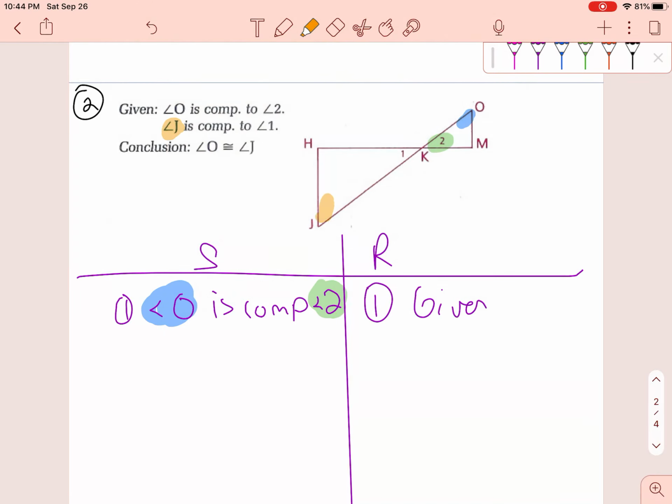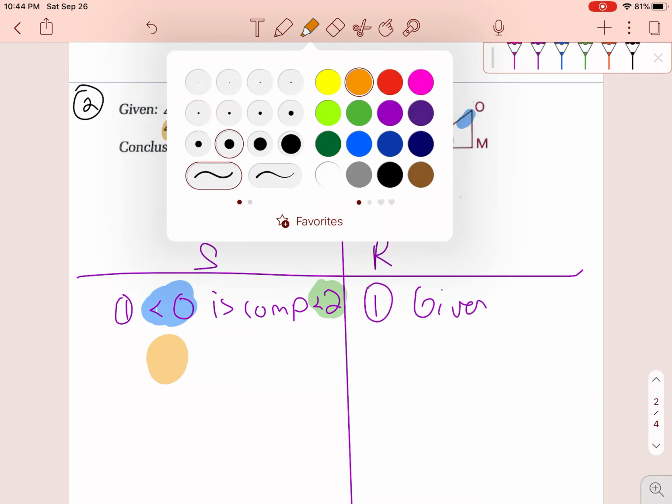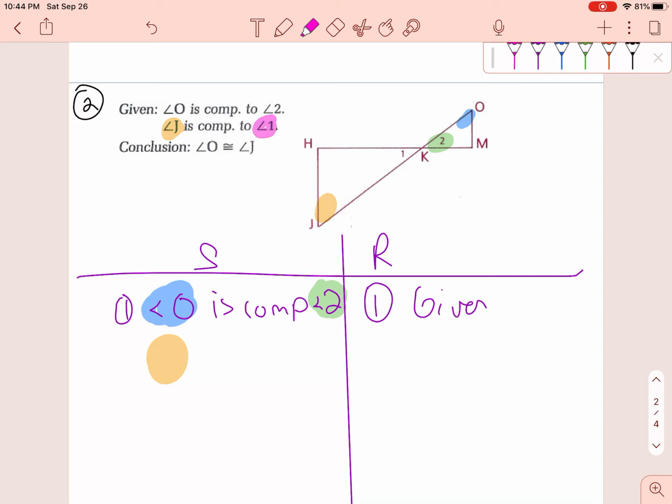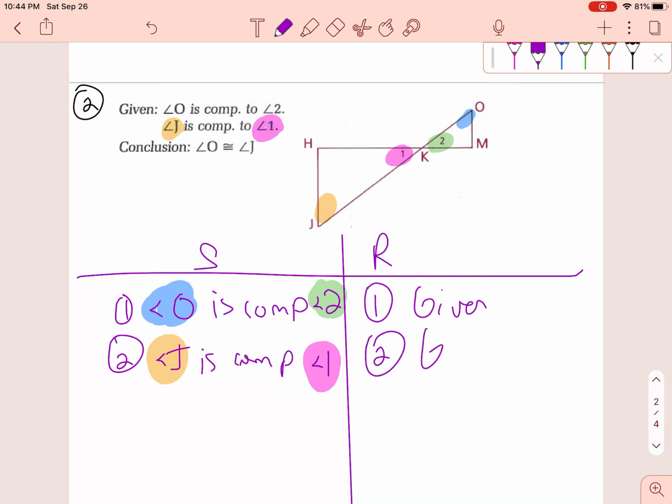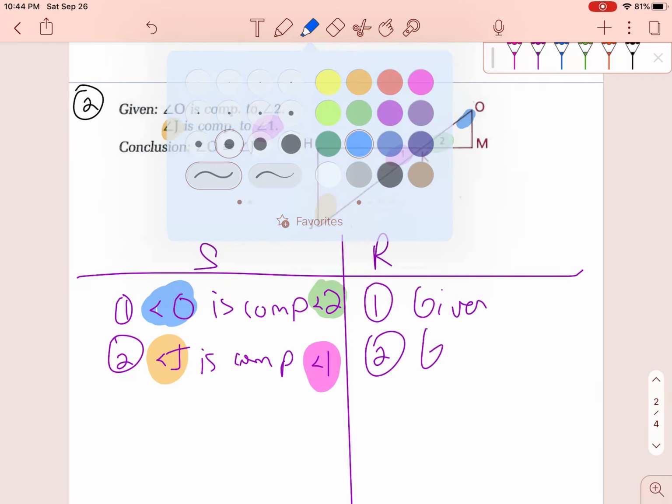Angle J, right here, is complementary to angle 1, which is right there. And I'm going to be writing that down, so that's why I'm filling this out. Angle J is complementary to angle 1, given.